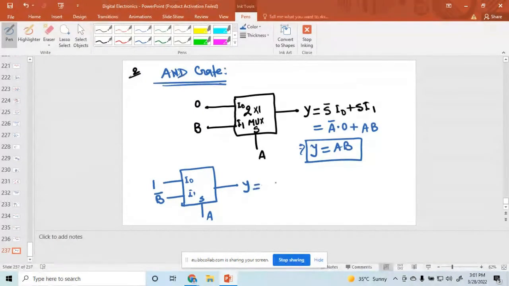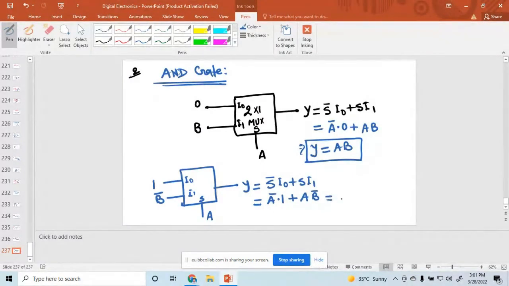So this is equal to S bar I naught plus S I1. So what is the value? S bar means A bar into 1 plus S is A and I1 is B bar.